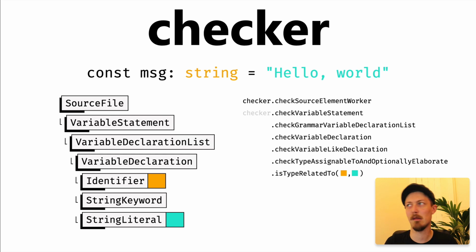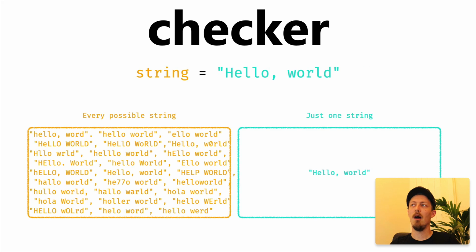It first checks the variable statements, and then the variable declarations, and then it checks whether one part of the variable declaration is assignable to another part. So in this case, we'll use it as an example. We're checking, is every possible string assignable to a specific instance of a string, an exact literal, if you will?